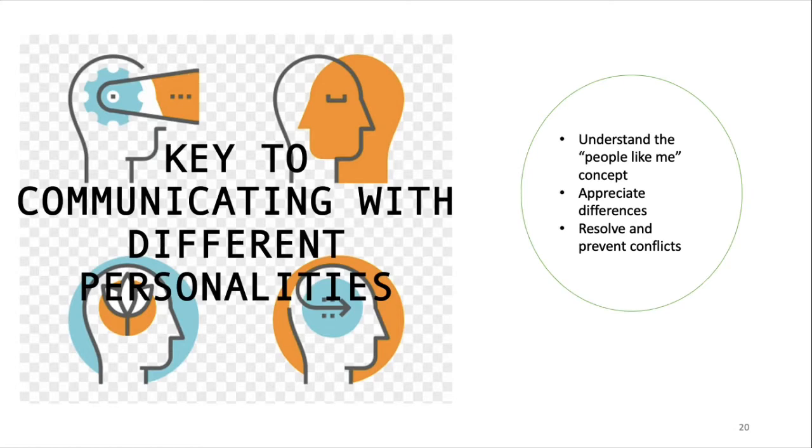Do not base your understanding only on how you would feel or how you would react, but accept that others have a different take on that specific type of information. Next, appreciate differences, resolve and prevent conflicts. So don't pit them against each other, don't escalate the conflict, don't blow up an argument when it is not worth it or would not contribute to the betterment of your organization.